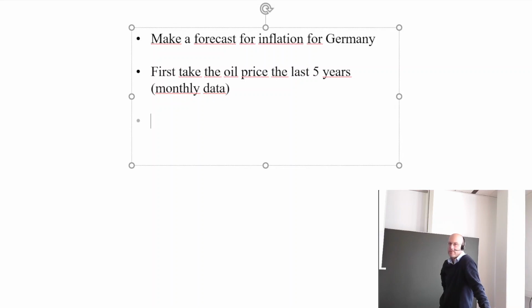Or what is relevant for us? Hmm? Are we paying in US dollar? What is the currency we have? In euros, of course. And therefore, relevant for us is not the price in US dollar. Relevant for us in Europe, in the EU, is the price in euros. So we have to take the exchange rate.